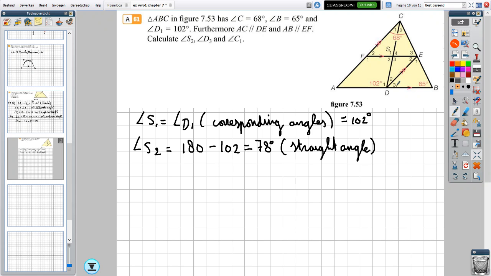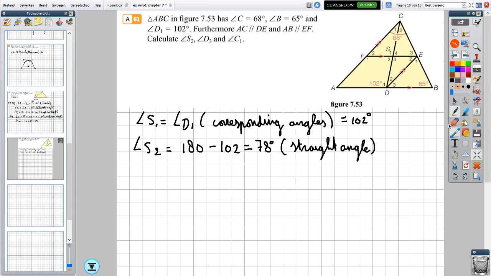Again, there are multiple ways. For example, I could say, well, there's a Z shape right here, so D3 is equal to E2, for example. But how am I going to calculate E2 is my question in that case. That can take multiple steps.